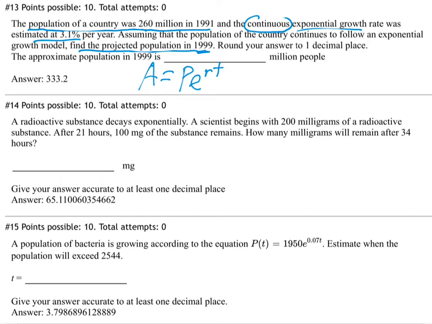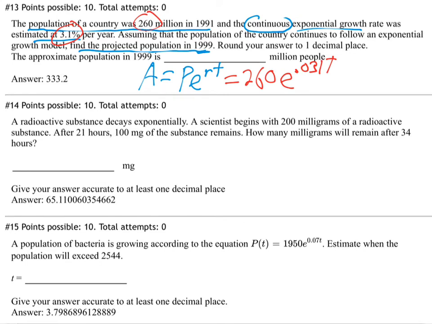So we're going to use P, the starting amount, 260 million. e, what's the rate? Move the decimal back 2 places, 0.031, and then t: 0.031t.